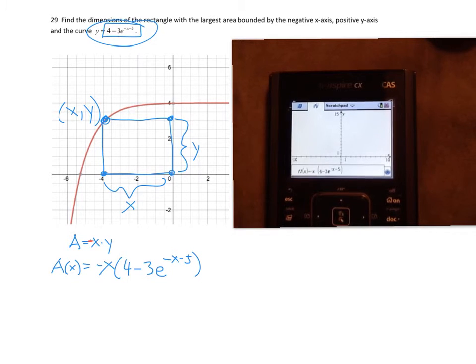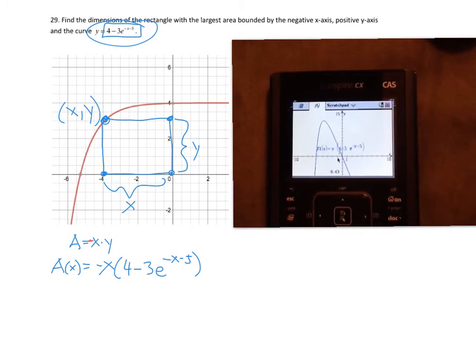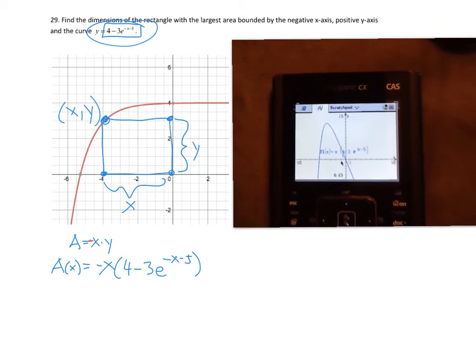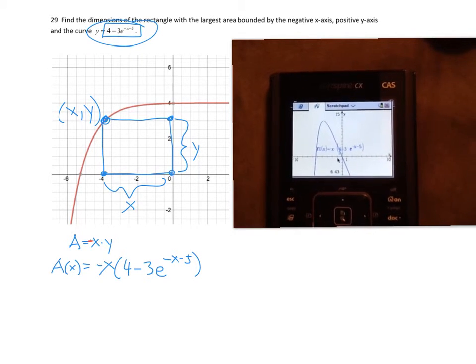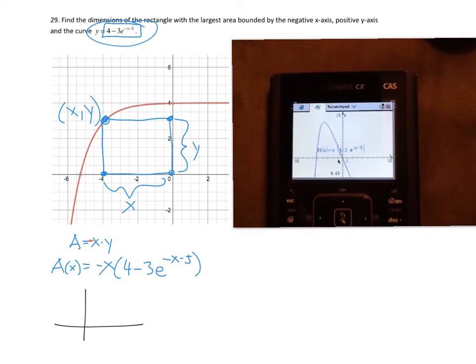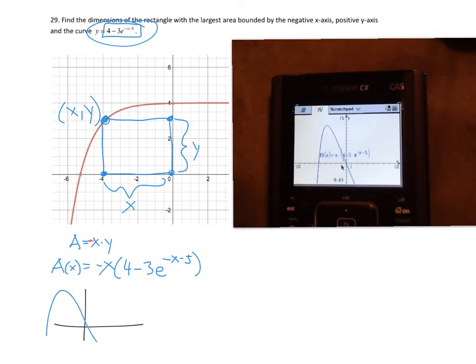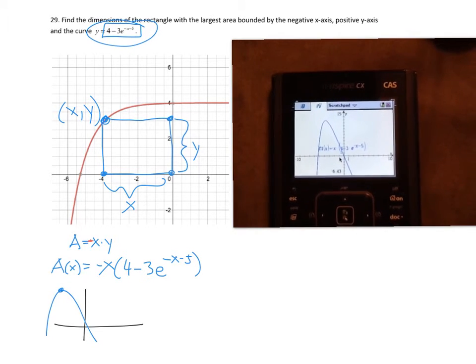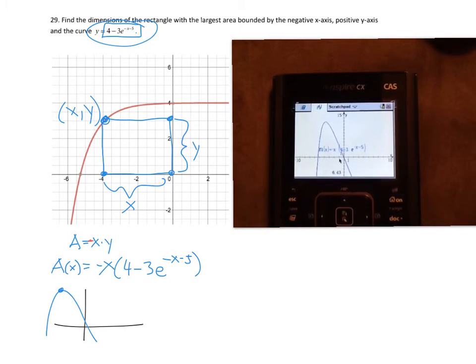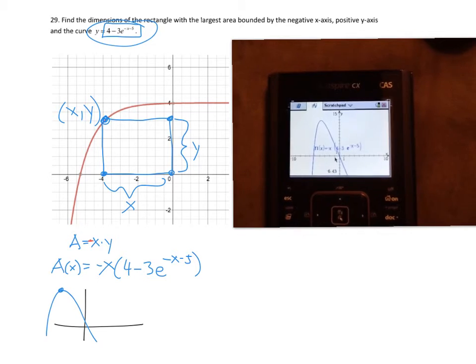And enter. And so we get a graph this time. The graph is in quadrant 2, and the maximum point of that graph is what we need.